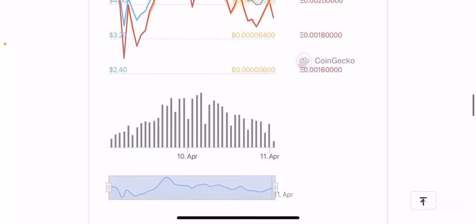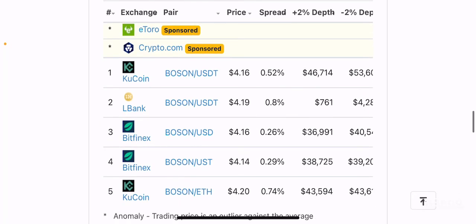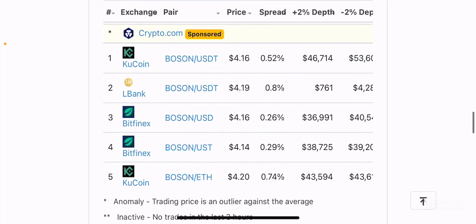If you see the Ethereum comparative, again, exact same as the Bitcoin comparative, and there's no real difference with the ETH comparative as well, right? If you look at the exchanges, you can pretty much get it only from KuCoin and Bitfinex. The LBank exchange, I wouldn't really trust that. But if you have an account in Bitfinex or KuCoin, I would highly recommend you guys to purchase it. Obviously, after doing your own research, again, not financial advice, but you can basically purchase it using USD as well as Ethereum.